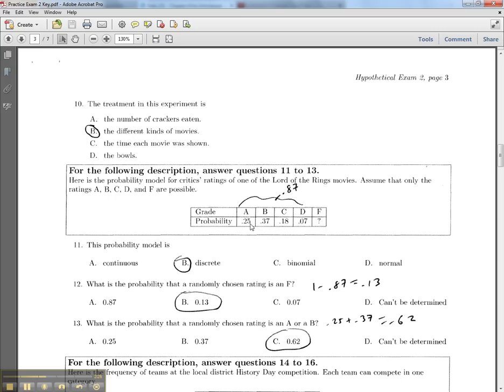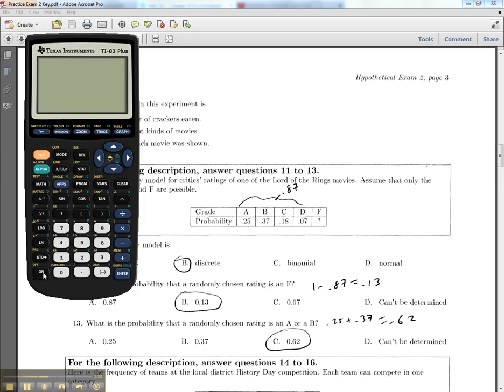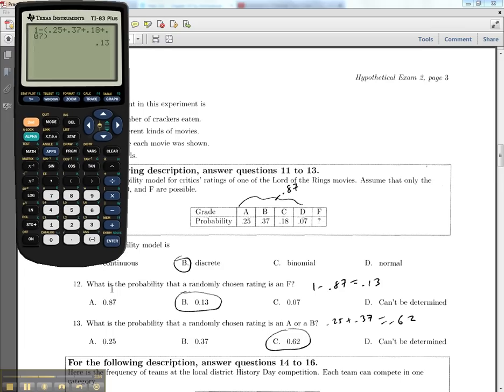So what you need to do is add all the probabilities for A, B, C, and D, and then from that you're going to go 1 minus this entire sum of probabilities, 0.25 plus 0.37 plus 0.18 plus 0.07, and that's how you get this last probability for F. So 0.13 should be your answer for number 12. So it's B, 0.13. That's a pretty okay question too.